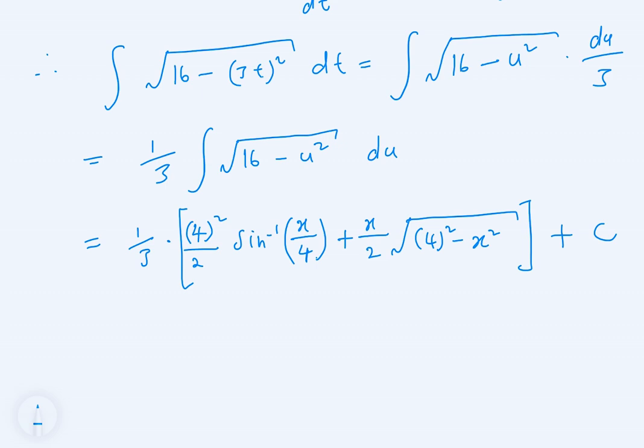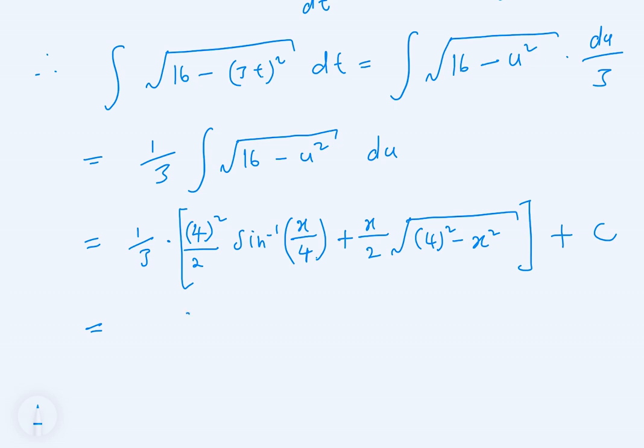Now, the 1 over 3, you can multiply throughout. But before you do that, we've got 4 squared, which is 16, divided by 2, so 16 divided by 2 is obviously 8. Now we're multiplying also the 1 over 3 throughout.